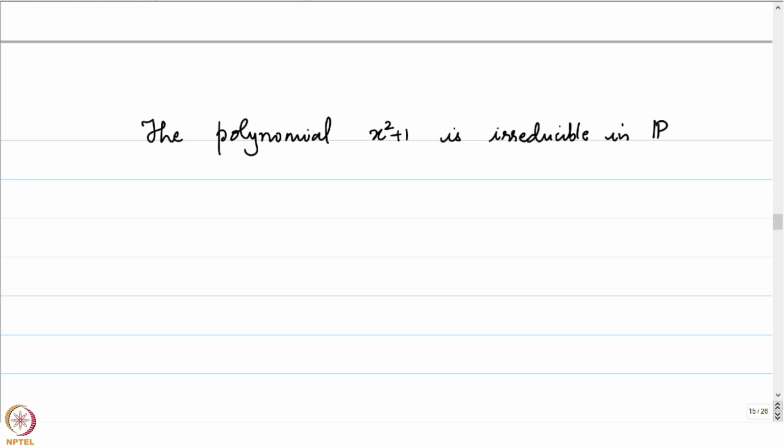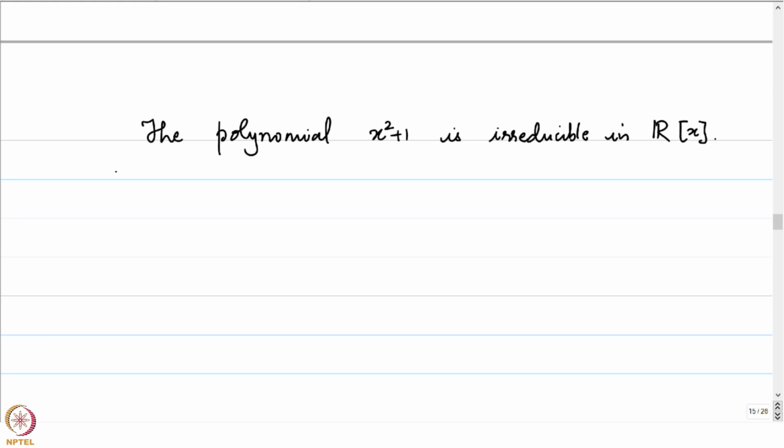In order to do that, let's focus on the polynomial x square plus 1 in R[x]. The polynomial x square plus 1 is an irreducible element in the commutative ring R[x]. So the first observation is that an irreducible element in R[x] would be prime.